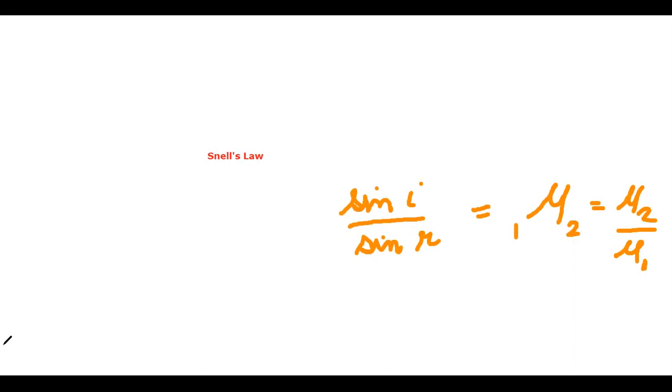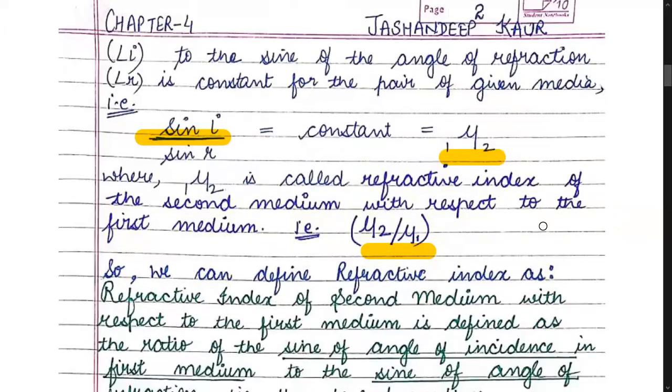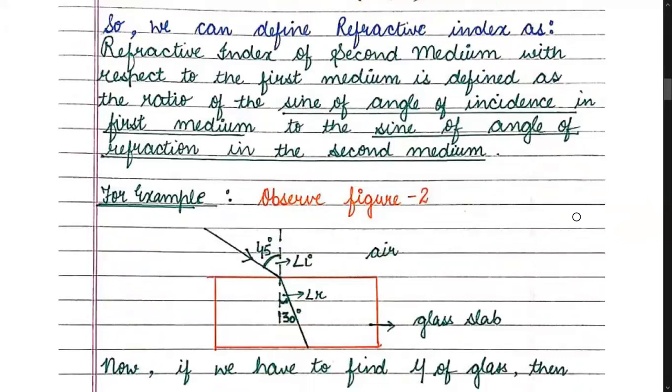Now, moving further, we can define refractive index as follows: refractive index of second medium with respect to the first medium is defined as the ratio of sine of angle of incidence in first medium to the sine of angle of refraction in the second medium.